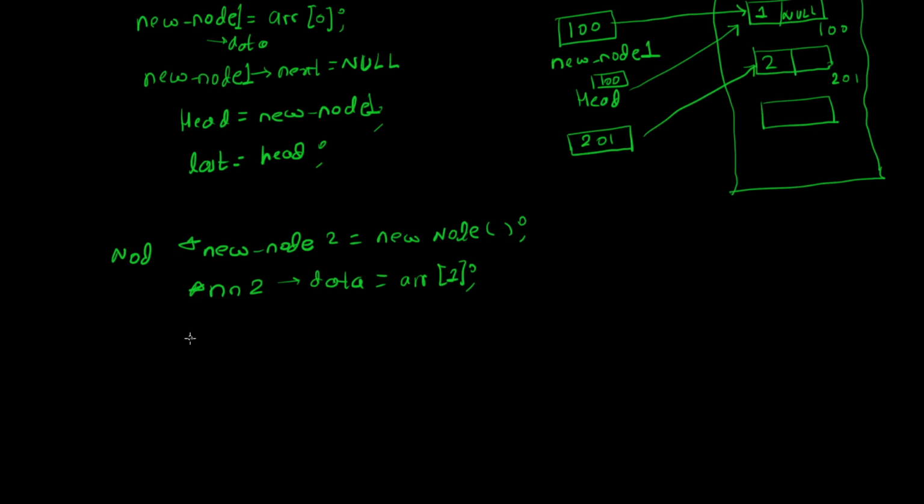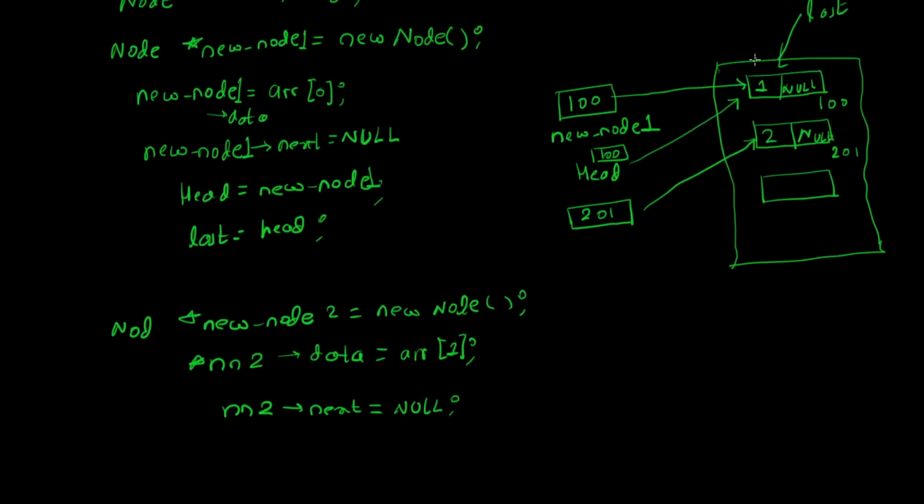Now what we have to do is that again, new node's next should point to null. Right now we assigned it null, but now I have to create a link. How are we going to create a link? We have to point this node's next to this.